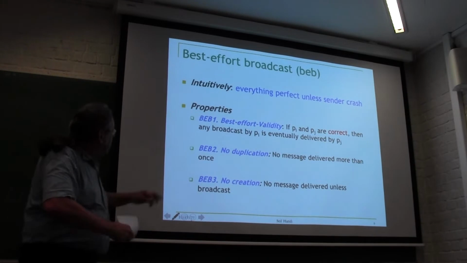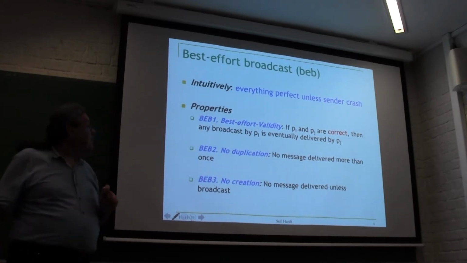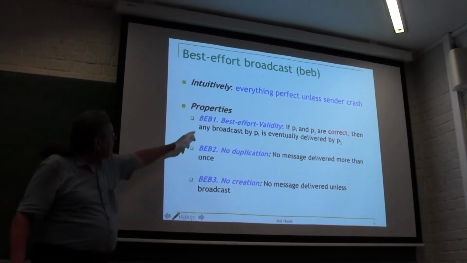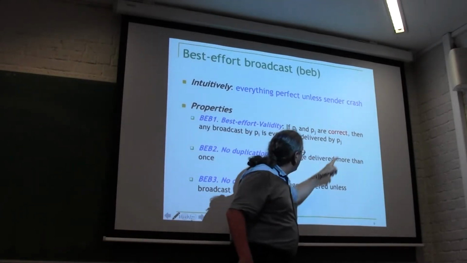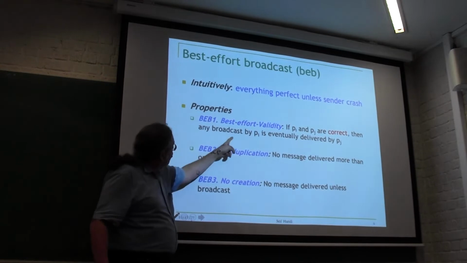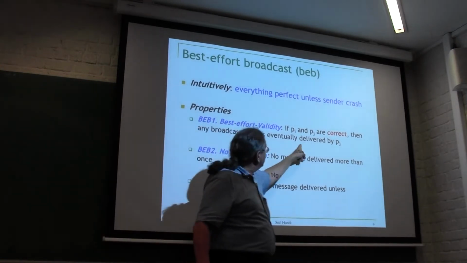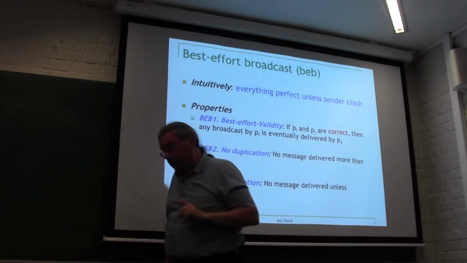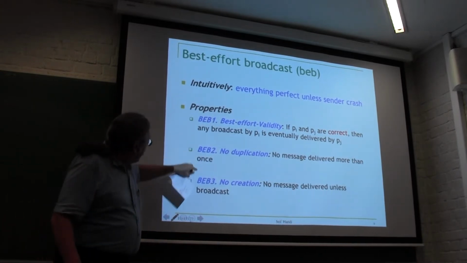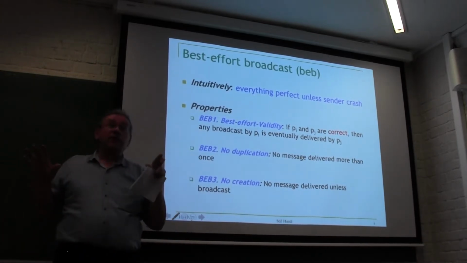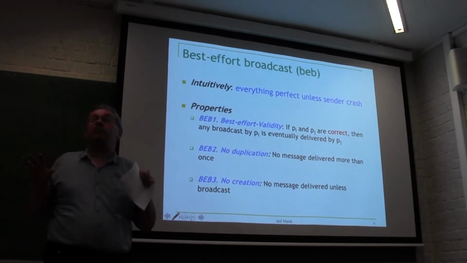There are 3 properties that define it perfectly when you take them together. Validity: if PI and PJ are correct, then any broadcast by PI is eventually delivered by PJ. So if they're both correct, then we're good. Then there are more properties to make sure that the algorithm doesn't do too much.